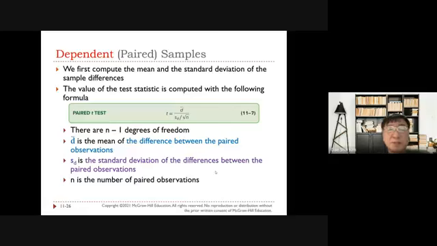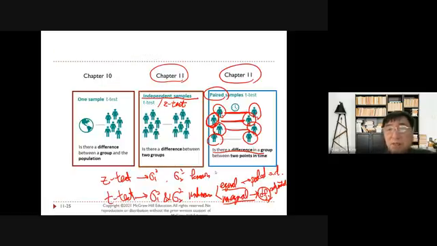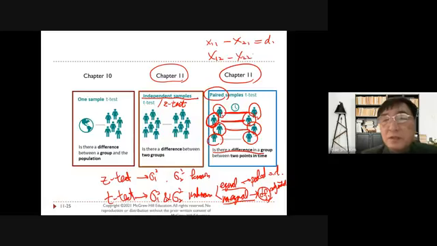For example, we first calculate x11 minus x21, which will be d1. x12 minus x22 is d2. x13 minus x23 is d3.